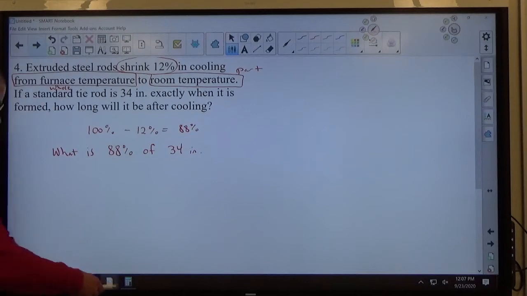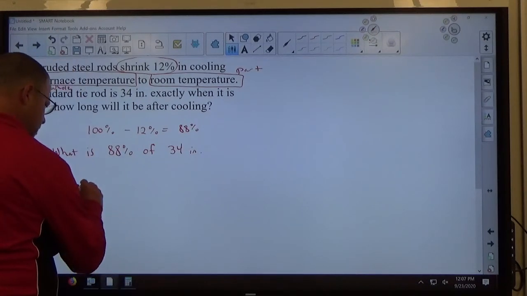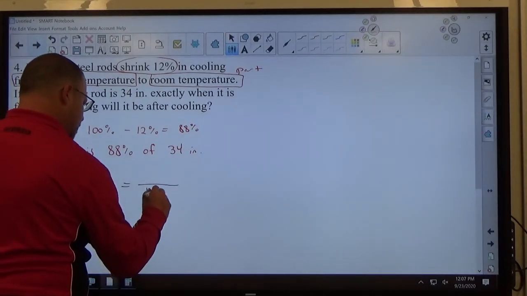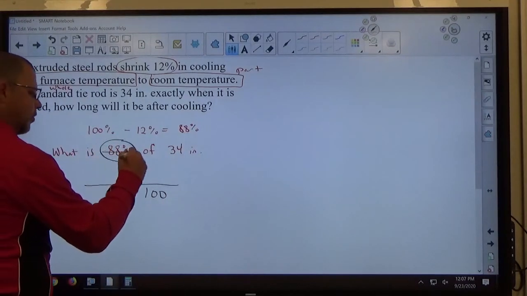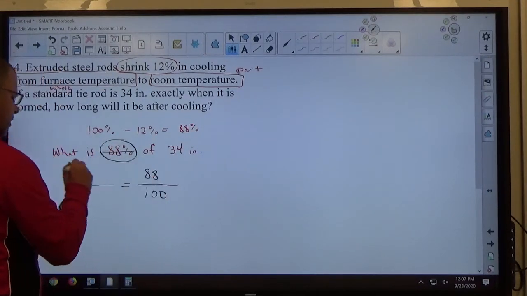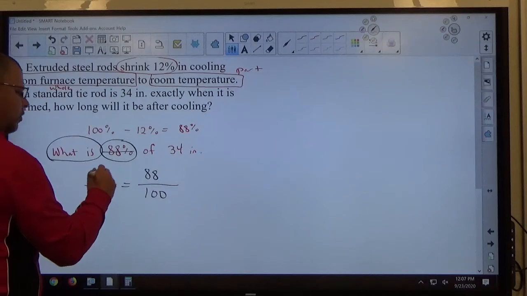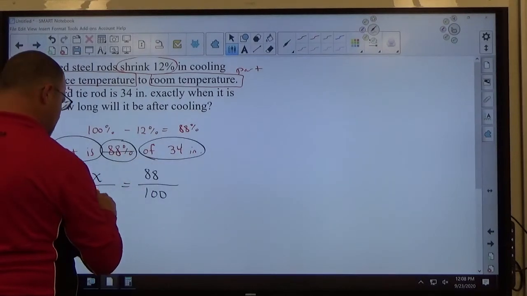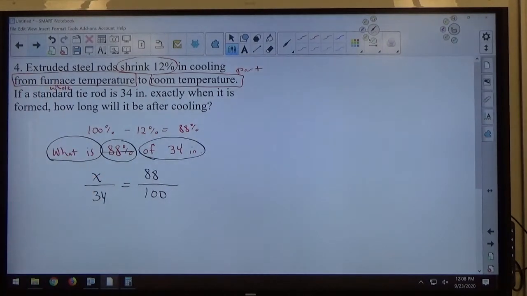So if I create a proportion out of this, fraction bar over 100, 88% goes on top of 100, so 88 goes there. What is, we don't know, of 34 goes on the bottom, is on top of, of on the bottom. So x over 34 equals 88 over 100, then we simply cross multiply again.